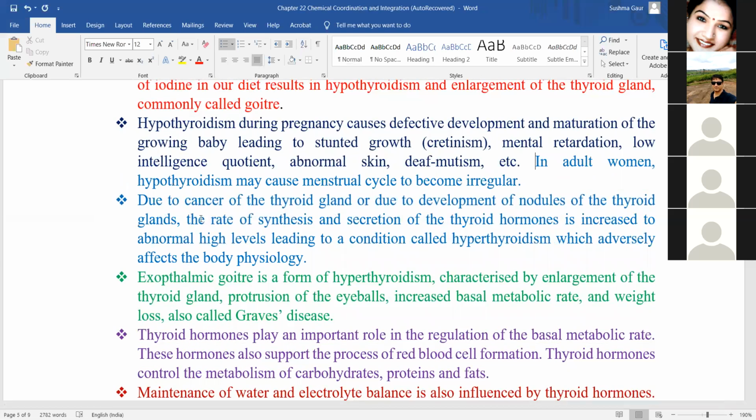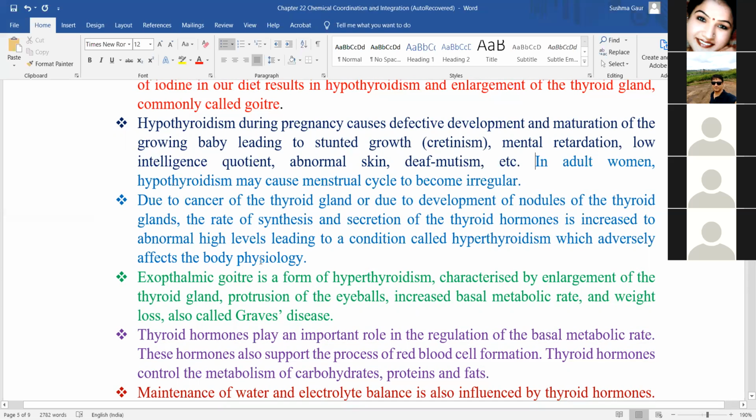Okay. So if there is a cancer in the thyroid gland, or because of development of nodules in the thyroid gland, the rate of synthesis as well as secretion of the thyroid hormone will be increased to abnormally high levels. That will lead to another condition known as hyperthyroidism, which would adversely affect body physiology.